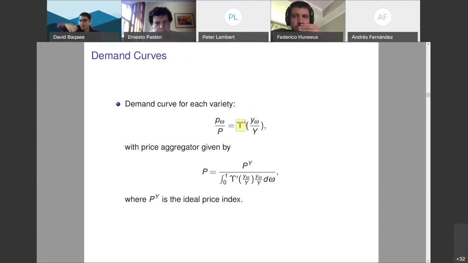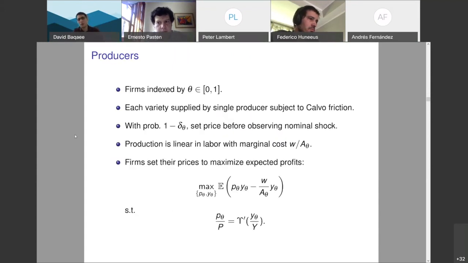And so what's nice about Kimball preferences is by picking upsilon, you can have your demand curve have whatever shape you want it to. Notice that if upsilon was a power function, this would be CES preferences. But in general, we're going to be able to deviate from that. So that's the household side.